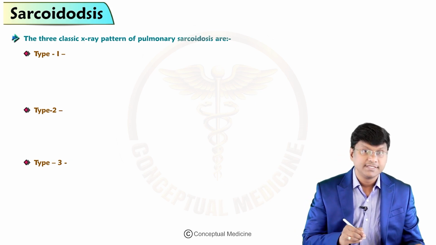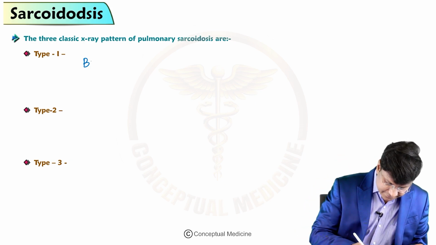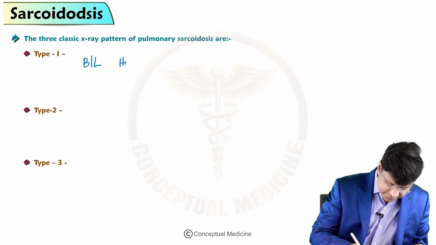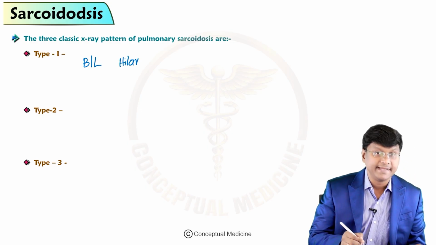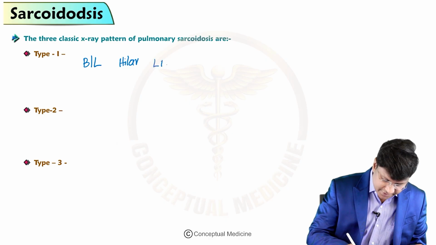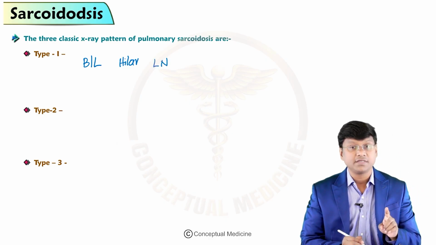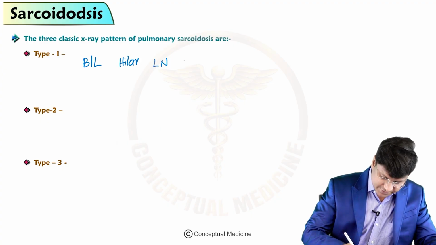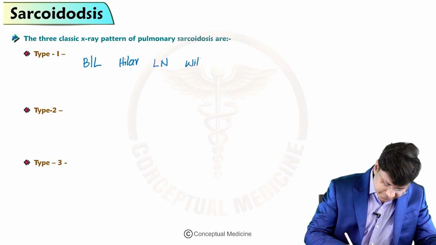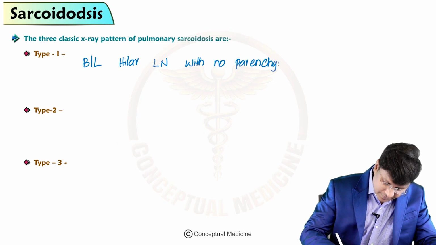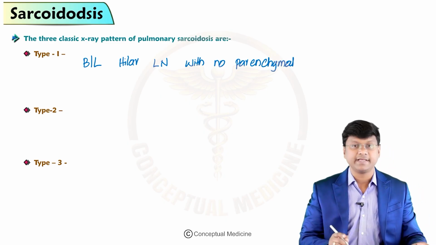In type 1, the individual will have bilateral hilar lymphadenopathy with no parenchymal involvement.